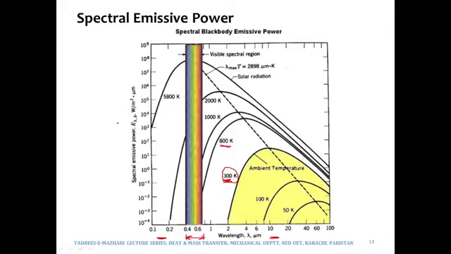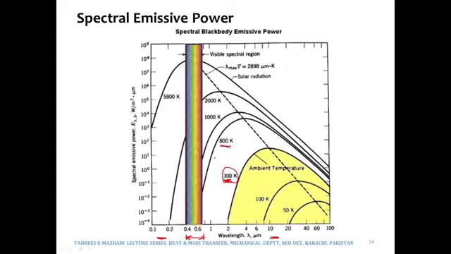As I just told you on the previous page, if we add up or integrate the spectral emissive powers, we get the total emissive power. So the bodies which are at higher temperatures would emit more radiation, and we can see over here a large area is there. And if the temperature is increased more to 1000 Kelvin, to 2000 Kelvin, the area will keep on increasing.